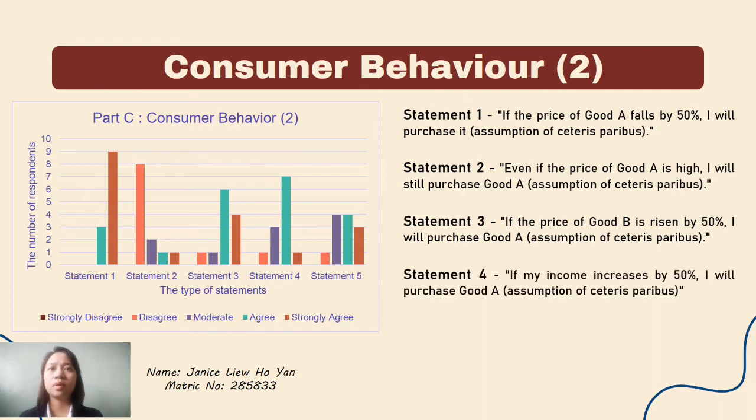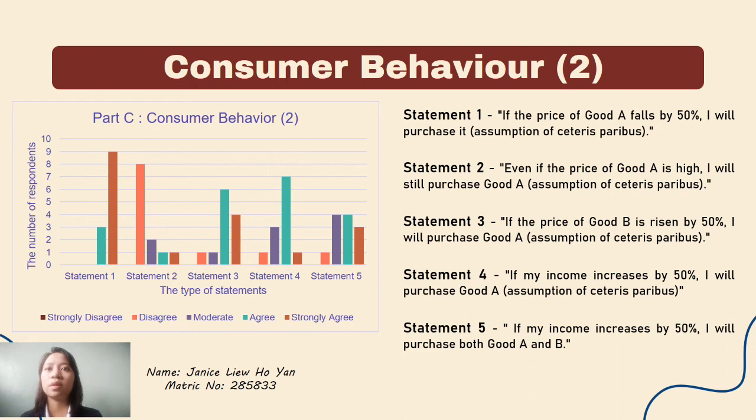Next, statement 4 is, if my income increases by 50%, I will purchase good A. Assumption of ceteris paribus. Most of the respondents answer agree. This is because the brand loyalty of good A is better than good B. Loyalty enables consumers to develop habits such as making decisions of purchasing from the same brand, and consumers become more loyal.